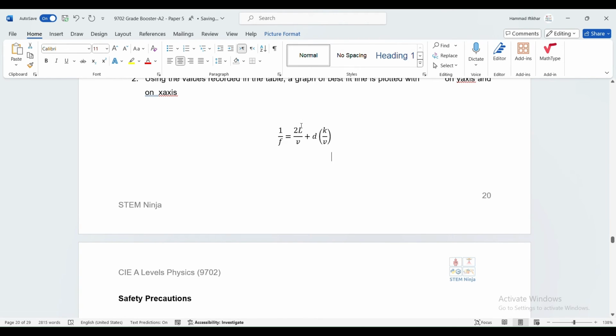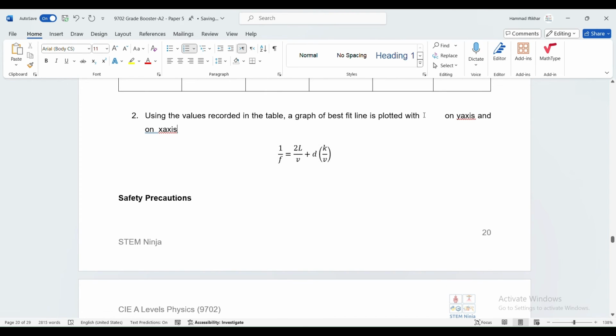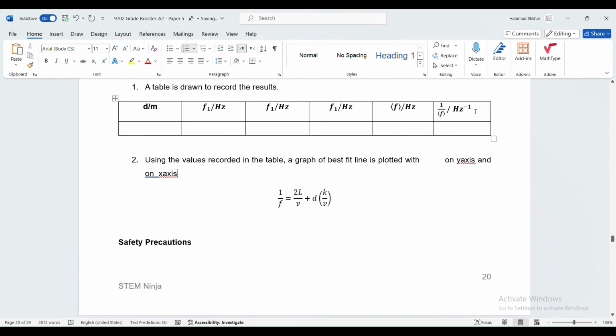So now we can delete this. So 1 over f can be on our y-axis. 1 over f in hertz minus 1.